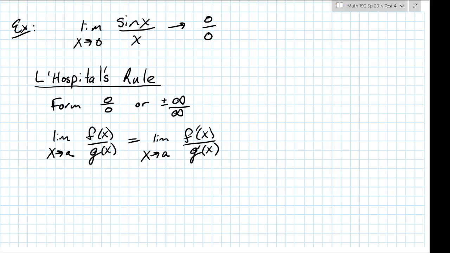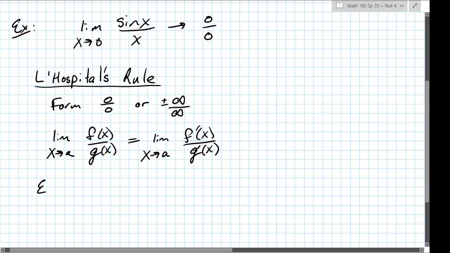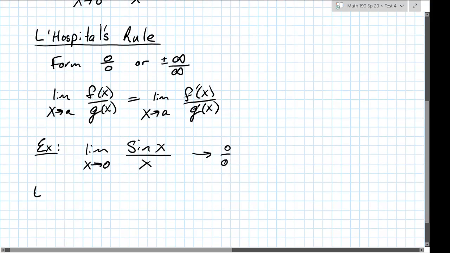So, back to our sine x over x as x approaches 0 example. Since this is in the correct form of 0 over 0, we could apply L'Hopital's rule, and I'm going to make note of it right here.